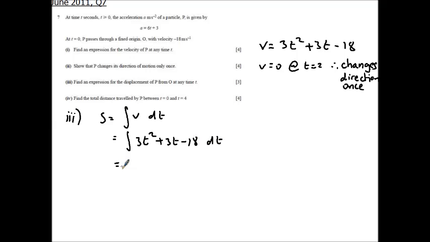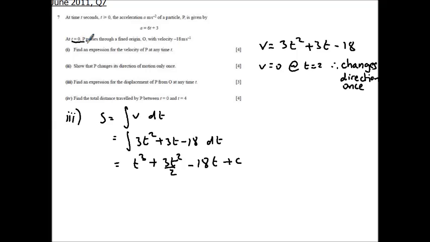When we integrate that, we'll have 3t cubed over 3, which will just simplify to t cubed, plus 3t squared over 2 minus 18t, and remember the constant of integration.